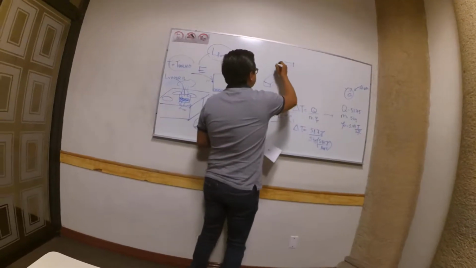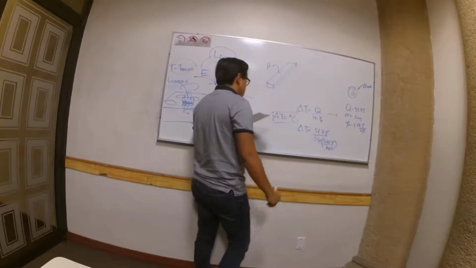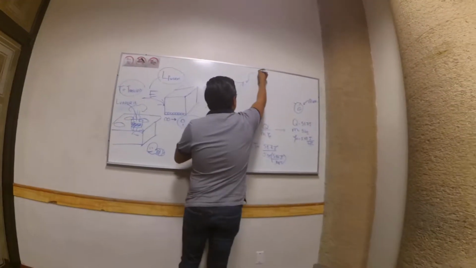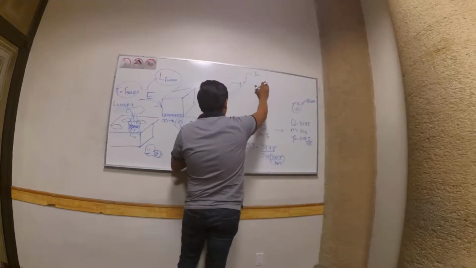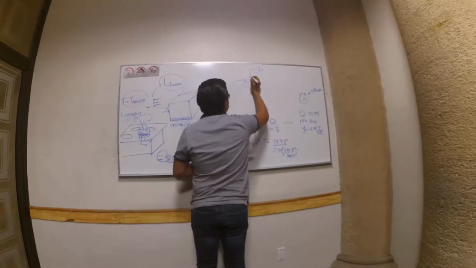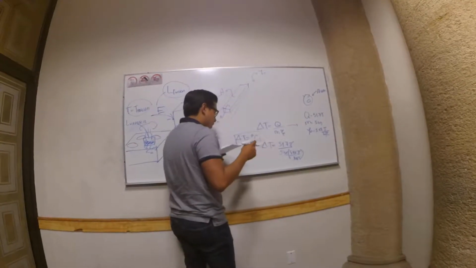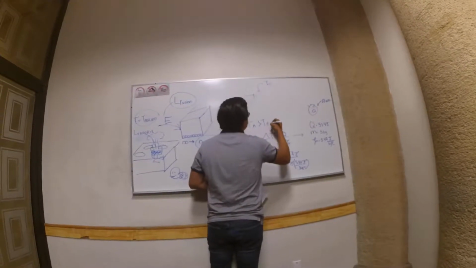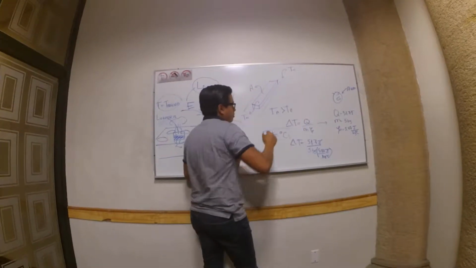The temperature of the bar is Tm. Let's suppose that Tn is bigger than Tc, so the temperature of the bar is bigger than the temperature of the thermal deposit.